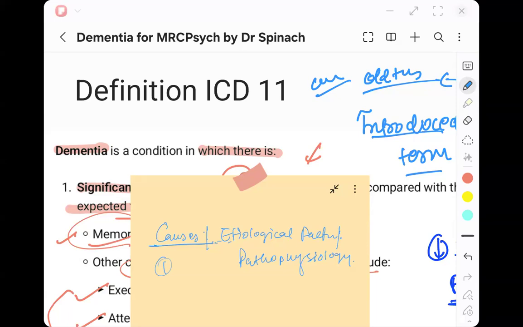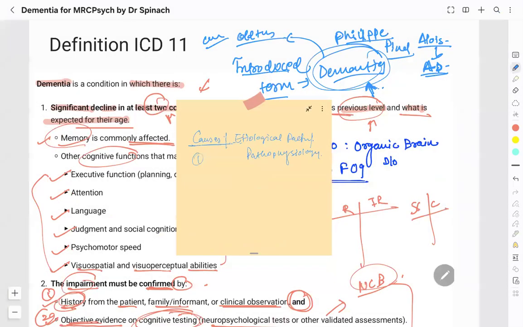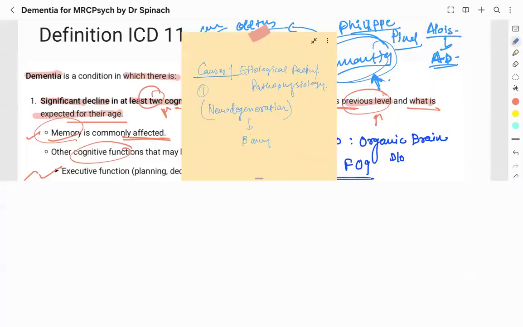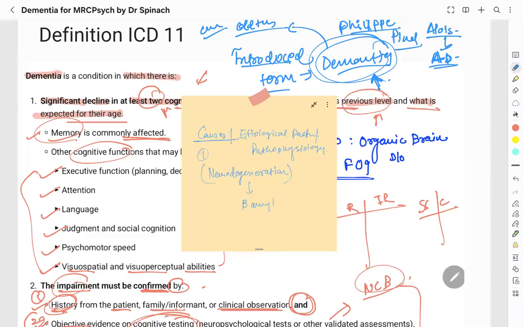Any guesses on the causes, etiological factors, and pathophysiology of dementia? The things I can remember are neurodegeneration. And how does this neurodegeneration usually happen? I guess it's the accumulation of some proteins in the neurons, like the tau protein, and also accumulation of neurofibrillary tangles and amyloid plaques.